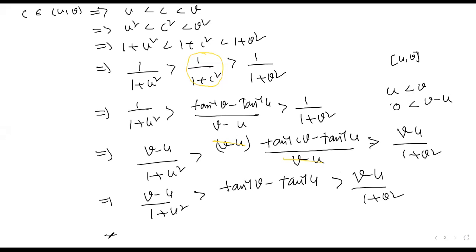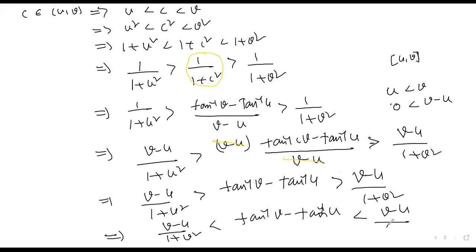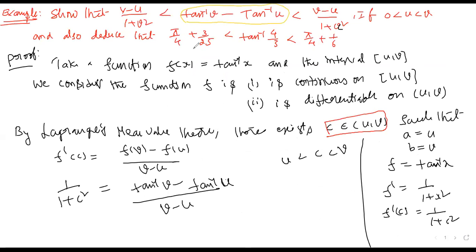If you write in the reverse order, v minus u by 1 plus v square is less than tan inverse of v minus tan inverse of u, which is less than v minus u by 1 plus u square. This is our required answer. Okay, now by using this answer, we have to prove one more condition. What is that?